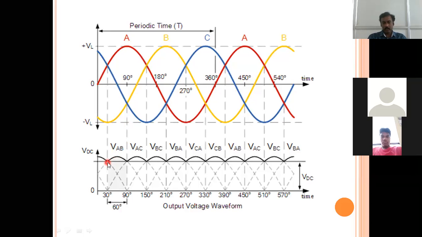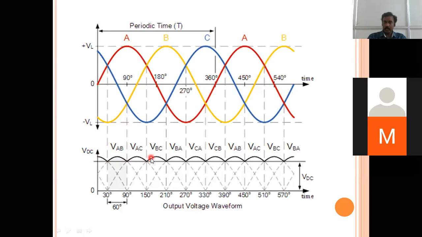Check the guideline provided here, from this point to this particular point, you are going to have a total conduction of 120 degrees. In this 120 degrees, you are going to have an output DC voltage which is going to be VAB for some part and VAC for some other part.